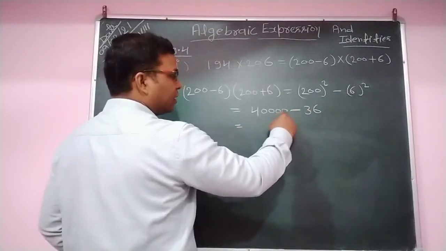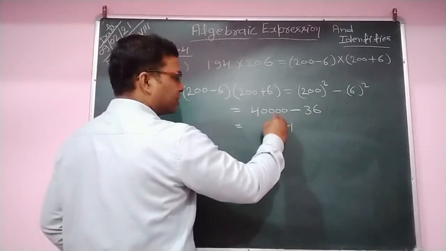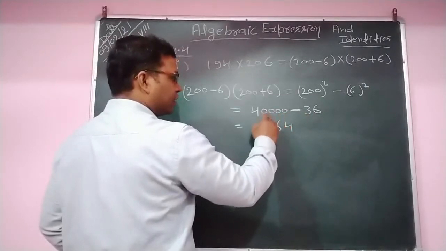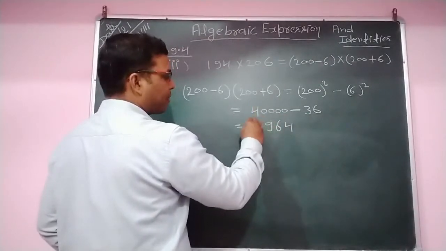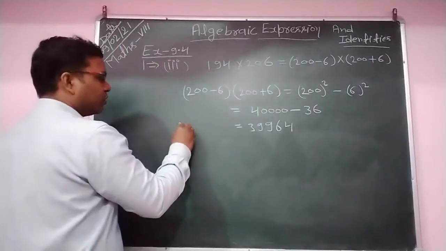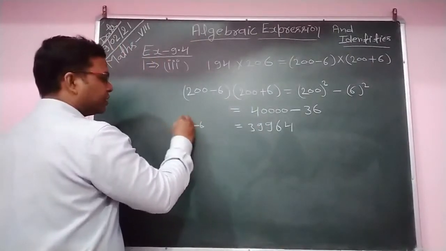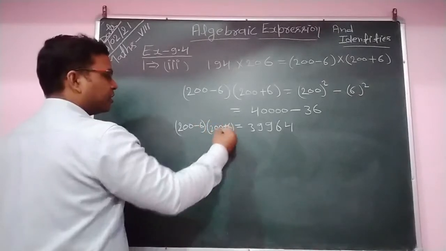Now this is 9 and this is 3. We subtract 3 from 9, then you get 6. This is 9 and again 9 and this is 4, it becomes 3.